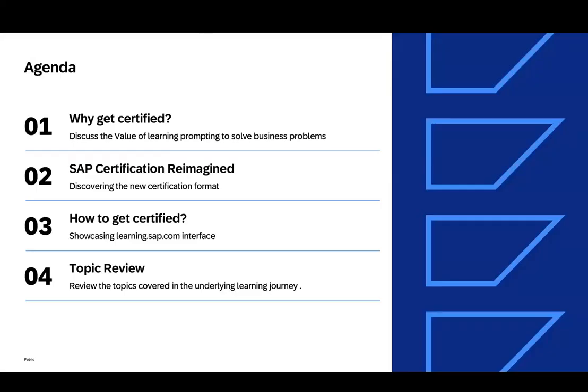It's no more just multiple choice questions. It's a system-based certification where you try to solve a real problem using SAP's Generative AI Hub and AI Launchpad, and understand how you can really use the product to solve your real business problem. That's what is being tested. We will take a deeper dive there.